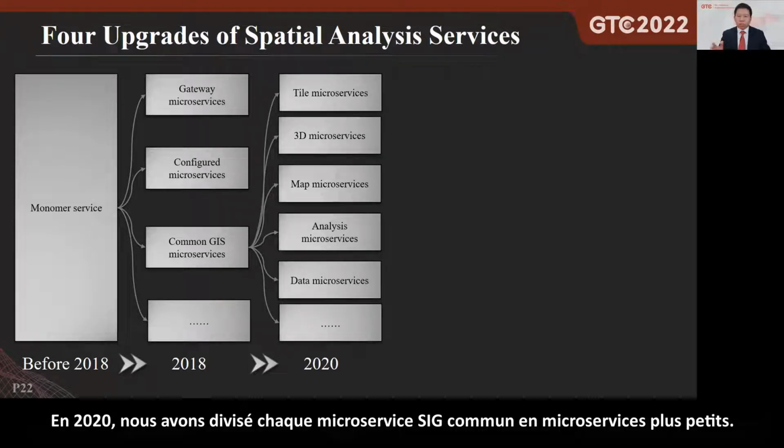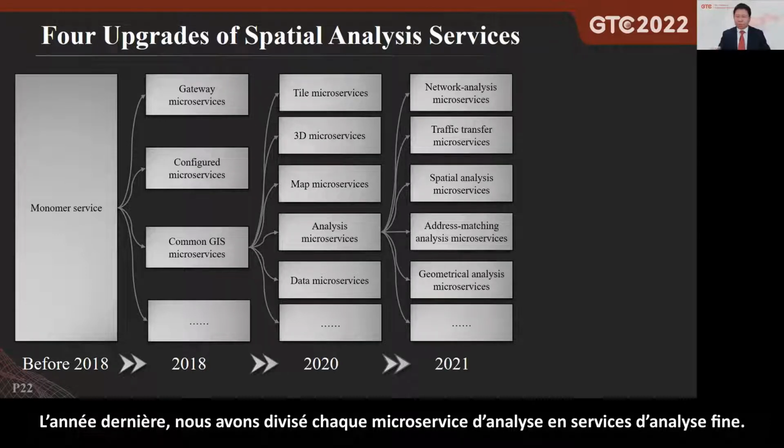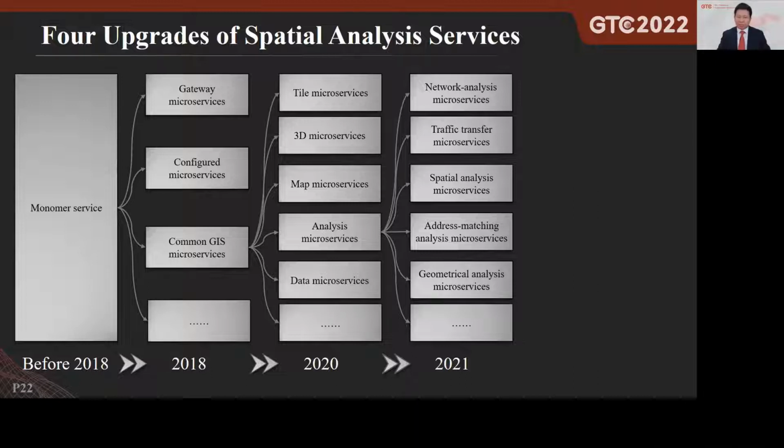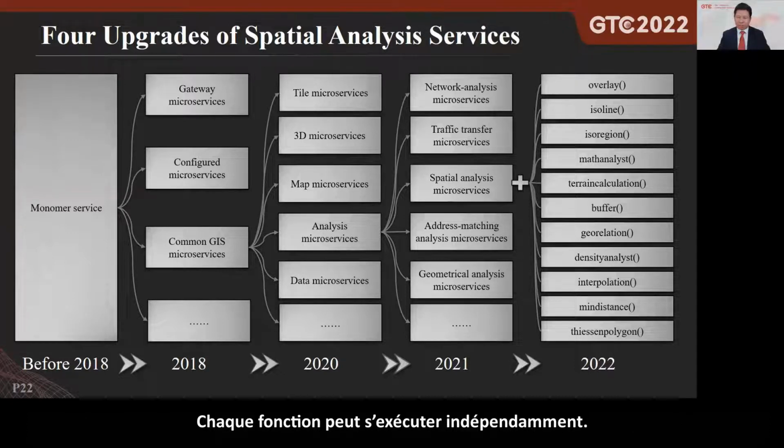In 2020, we split each common JS microservice into smaller microservices. Last year, we split each analysis microservice into finer analysis services. And this year, we broke each spatial analysis microservice into functions. Every function can run independently.